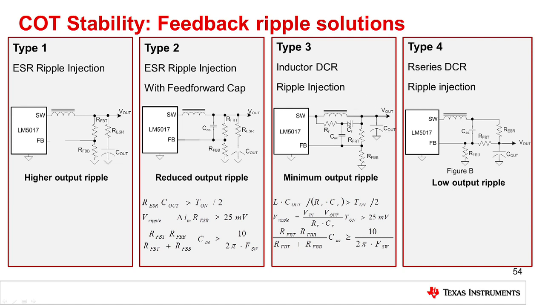With type 3, we have this RC network that tends to look at the voltage across the inductor and tries to extract the inductor current information. Then this cap takes that inductor current information and injects it into the feedback. Both of these methods will help to get a ripple feedback that is more in phase with the inductor current. The equations we see at the bottom of the page will help you select the proper components for either of these two methods.